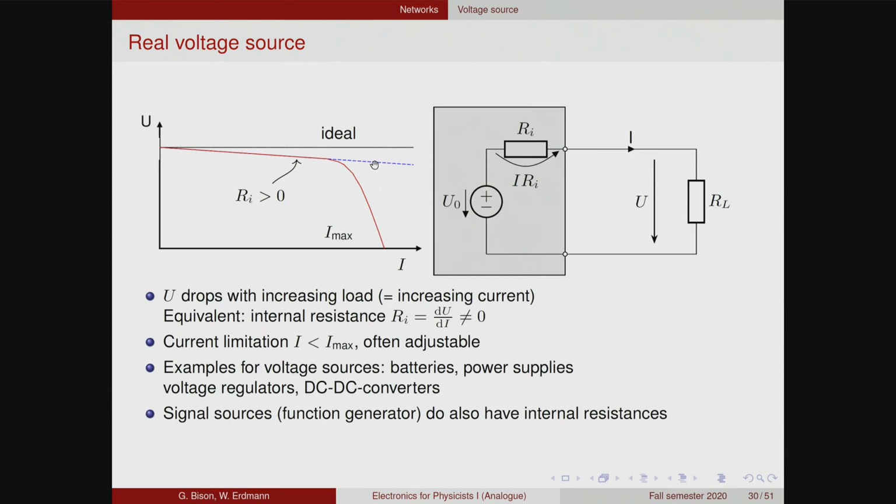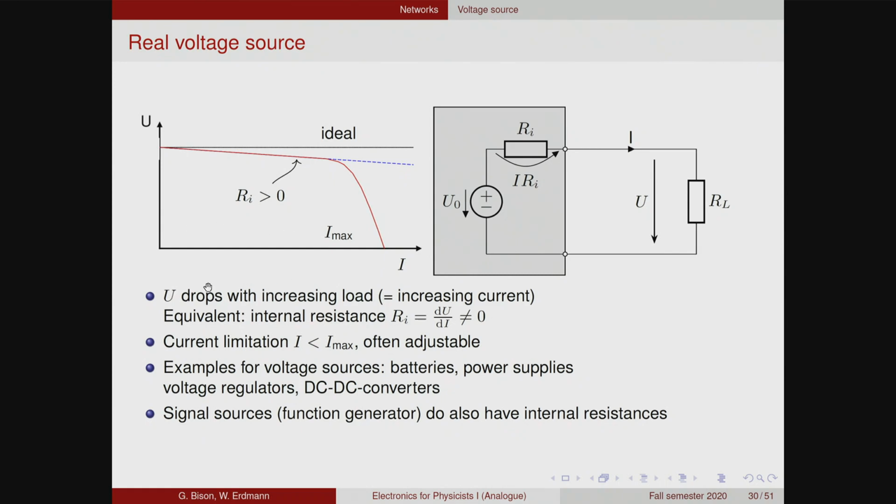And then, of course, this would go on forever. But if you have a real voltage source, there is a power limit somewhere. And so as soon as you increase the current above that limit, the voltage will drop even more. And the voltage source will simply collapse and not deliver any more voltage. Well, this is when your experiment starts to fail.